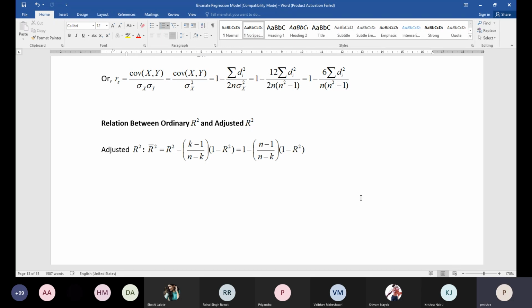So all these are very, very important areas where we can see the application of what we have learned or discussed so far.